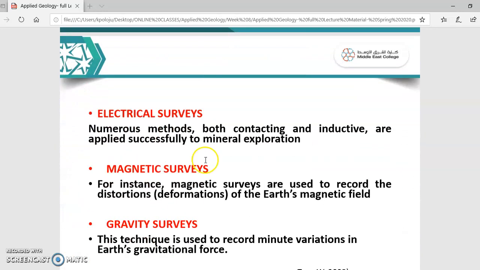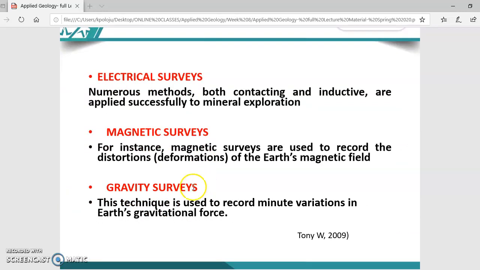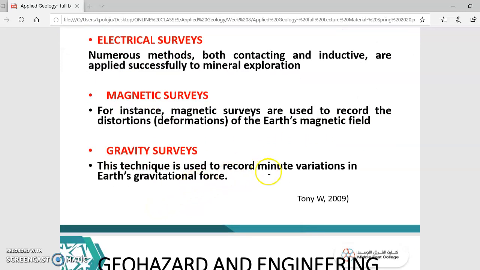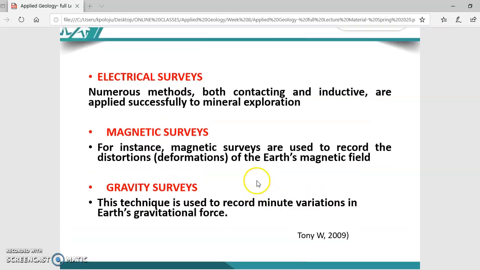Electrical surveys are applied successfully to mineral exploration, and magnetic surveys are used to record the deformations of the earth's magnetic field. Gravity surveys are used to record minute variations in the earth's gravitational force.